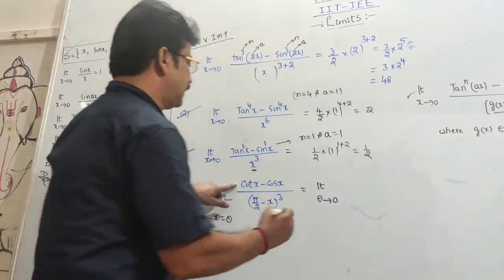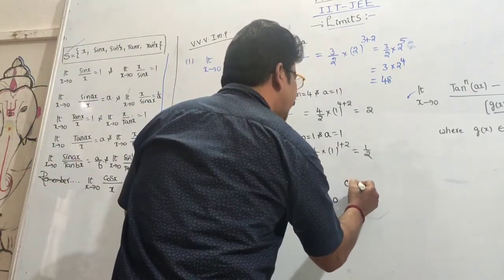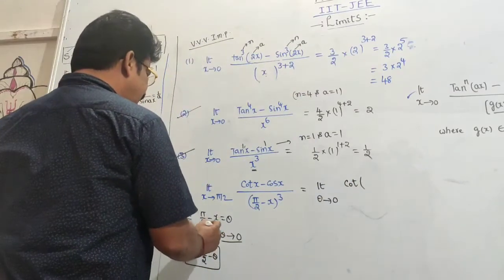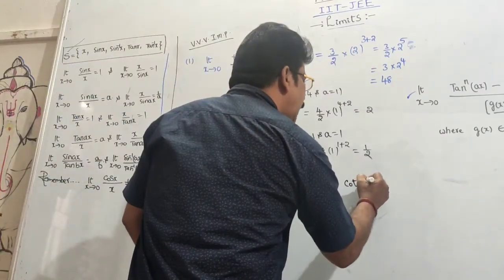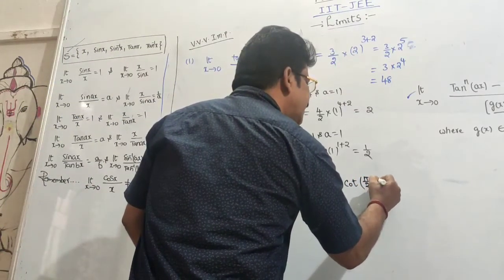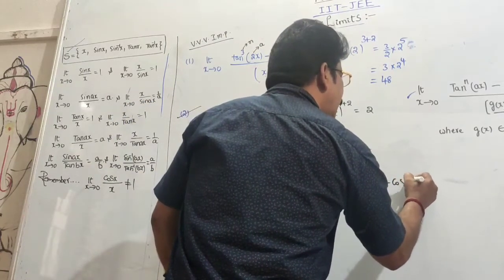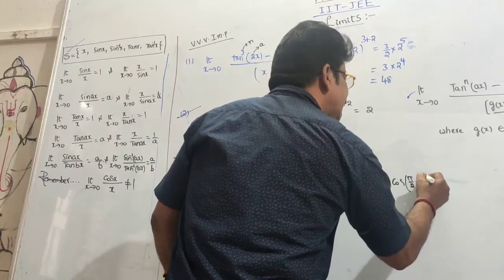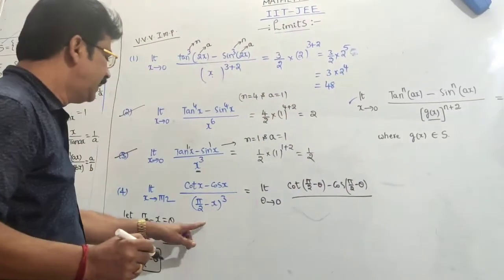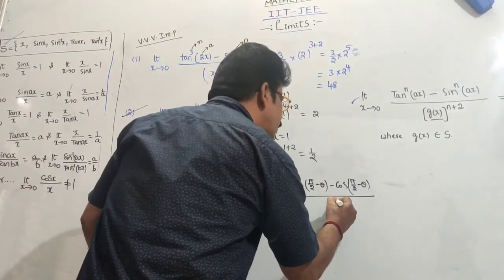Okay, next, cot x means cot of pi by 2 minus theta, minus cos of pi by 2 minus theta, whole divided by theta cubed.